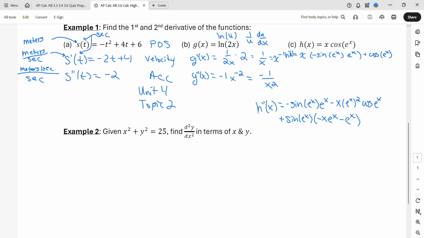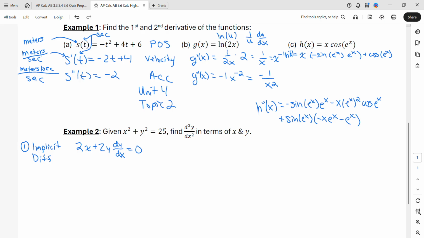Okay, so we should know that this second derivative will use some implicit differentiation, right? That's our first step. I'll put that here.